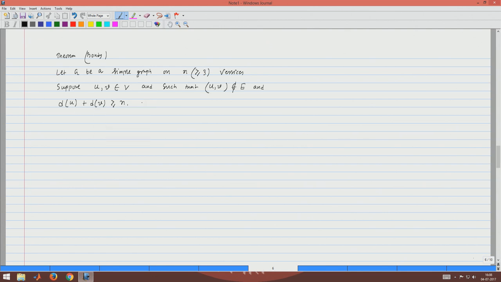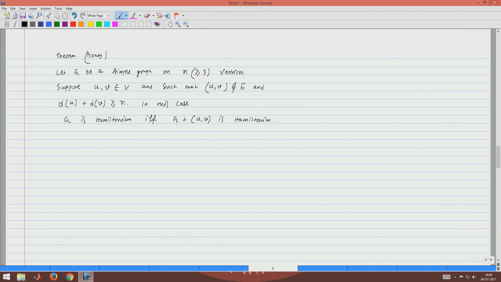So, in this case G is Hamiltonian if and only if G plus uv is Hamiltonian.